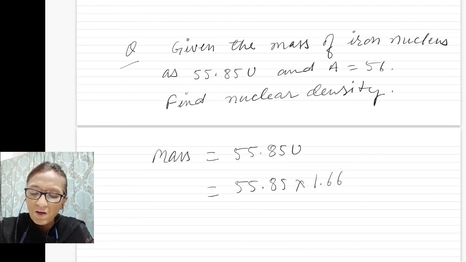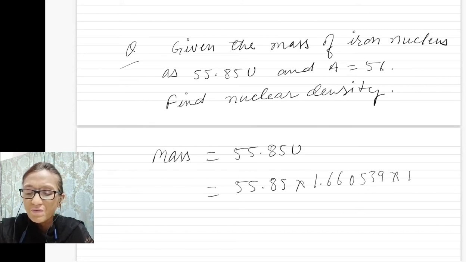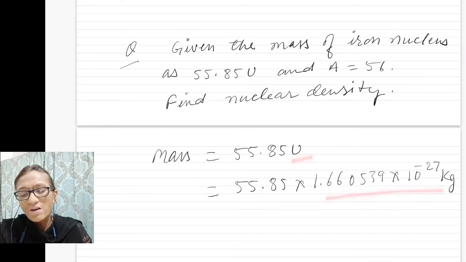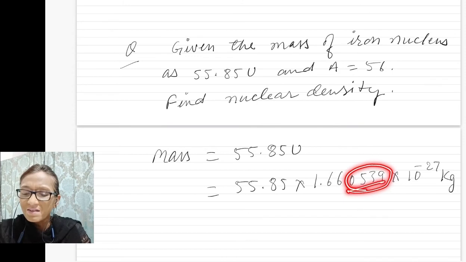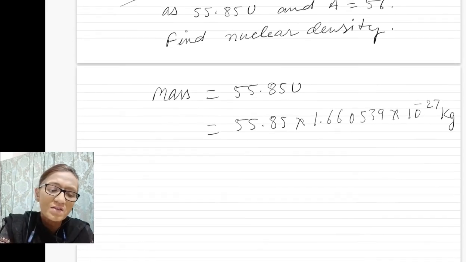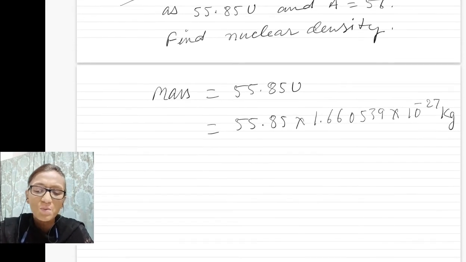So this is equal to 1.660539 into 10 to the power minus 27 kg. You need to remember the value of 1 atomic mass unit in terms of kg. You can just ignore these extra values and write only 1.66 for simplicity. So this is your mass.